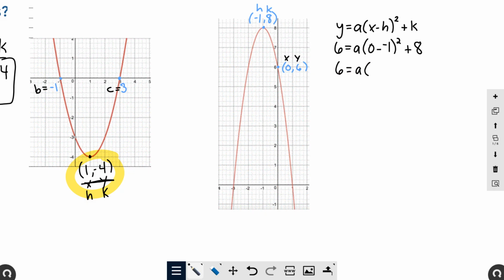So what is 0 minus -1? 1. Don't forget the squared, so that's what we're going to do next. What is 1 squared? 1. So really this is 1a, or you could just call it a, right? If you want to leave a 1 on it, that's fine too. Now what would you do to get a by itself? So a would equal -2.